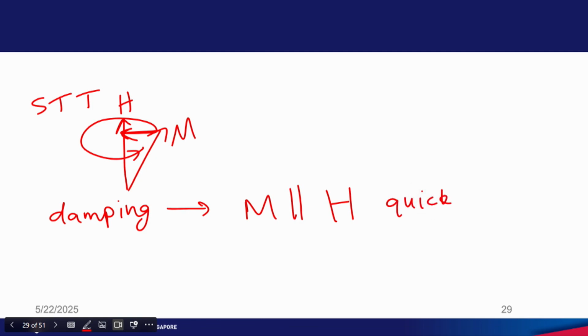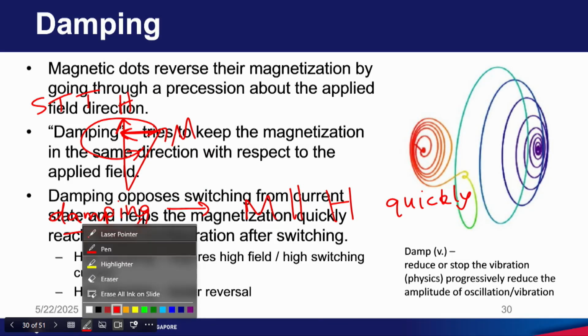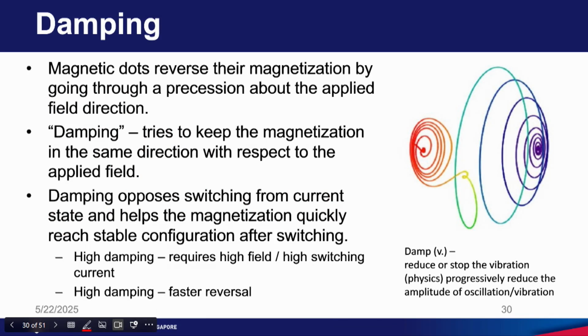You can say quickly, in another aspect, we can say that if damping is high, you need more energy to make the magnetization precess, or even switch information. So that's the second point. If your damping is high, you need more current or more field to switch the magnetization.